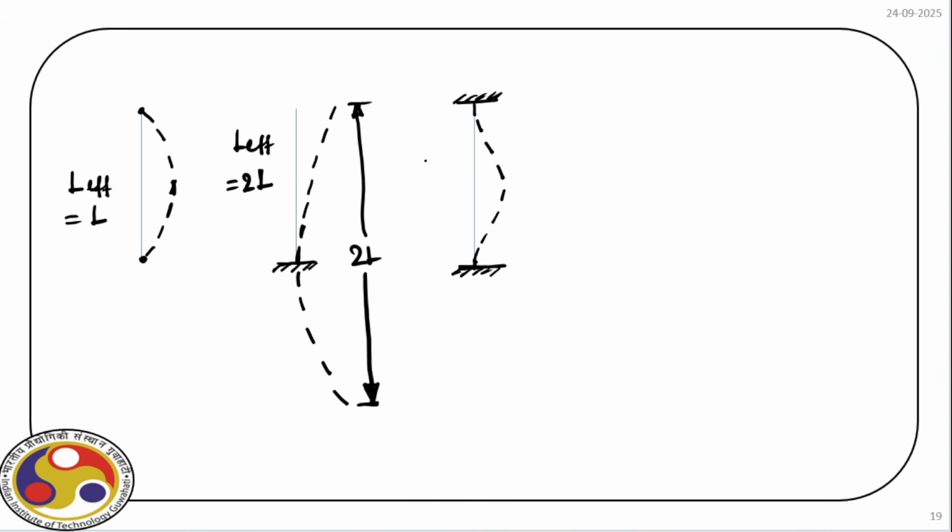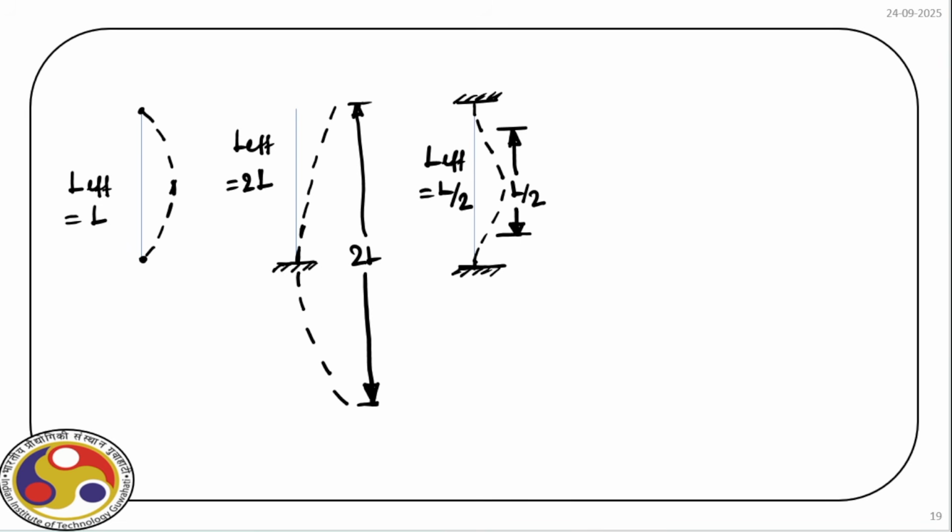So in this case, L effective is equal to L by 2. So which is between these 2 points. So this is L by 2, and that's the L effective.